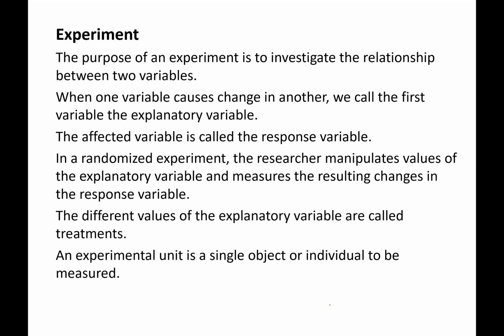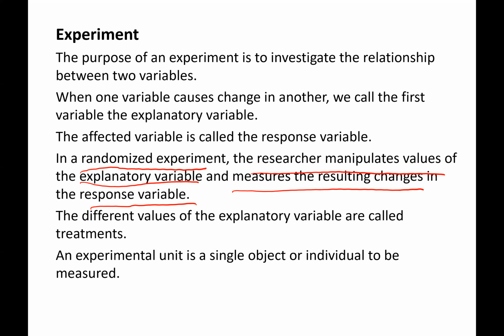The affected variable is called the response variable. In a randomized experiment, the researcher manipulates values of the explanatory variable and then measures the resulting changes in the response variable.